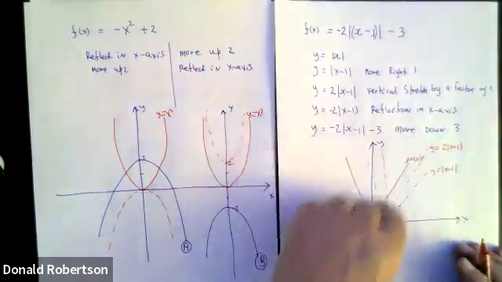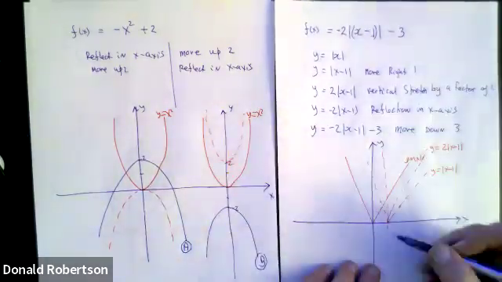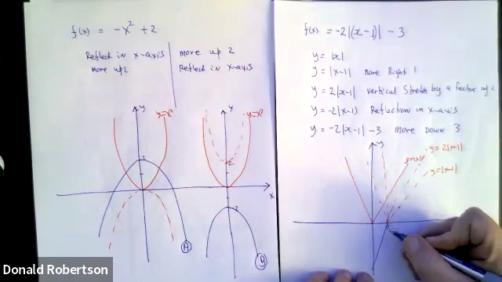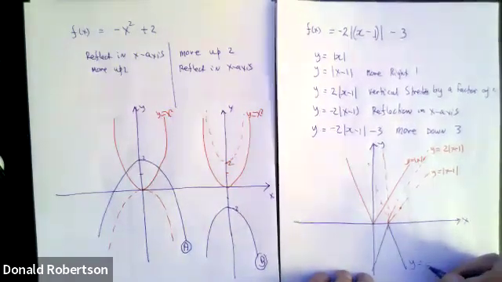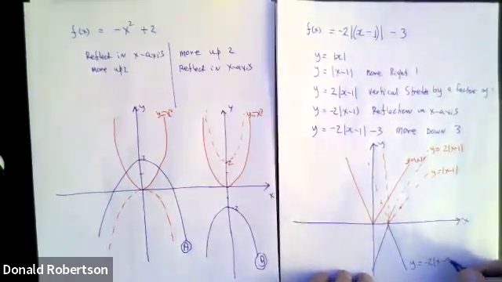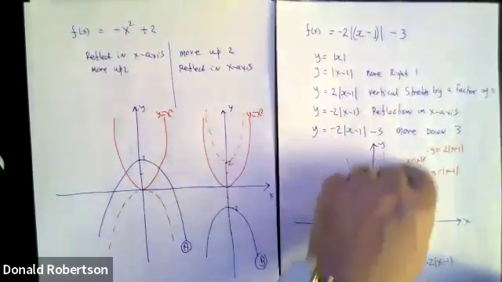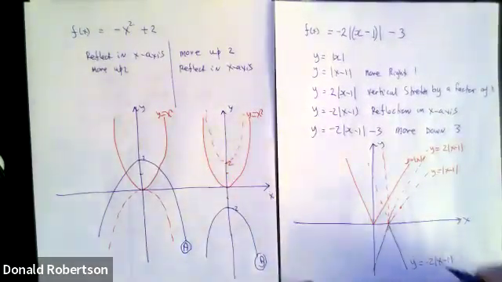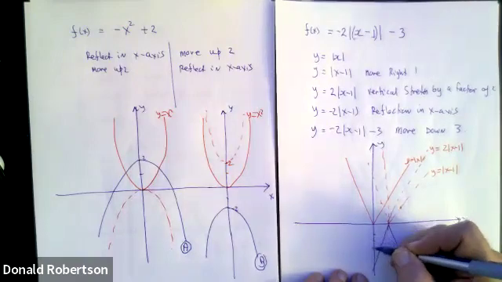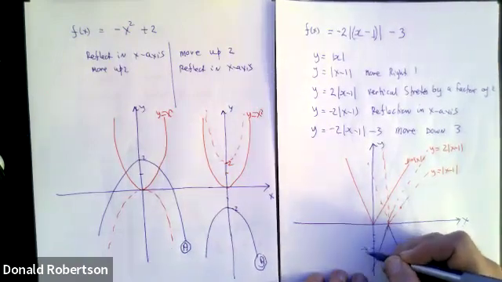Now, this guy gets reflected. I'm going to change colour now down here. And that's what this one here reflected looks like. And then move everybody down, this guy, 3.